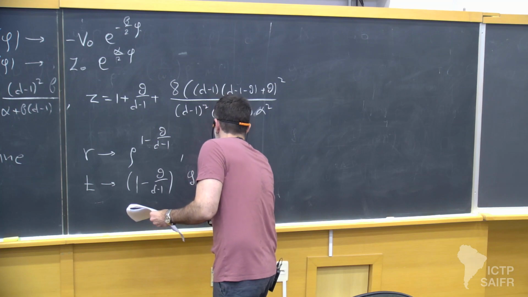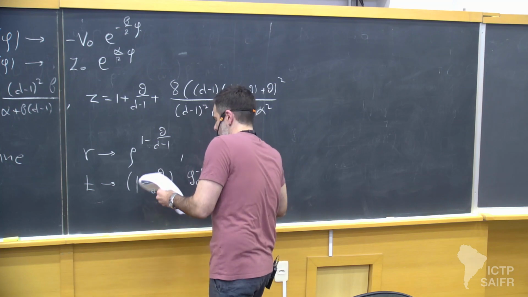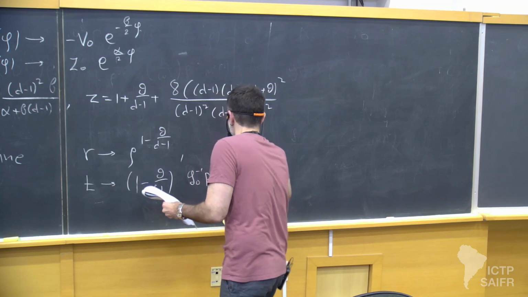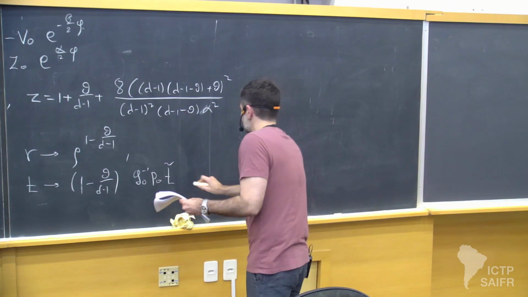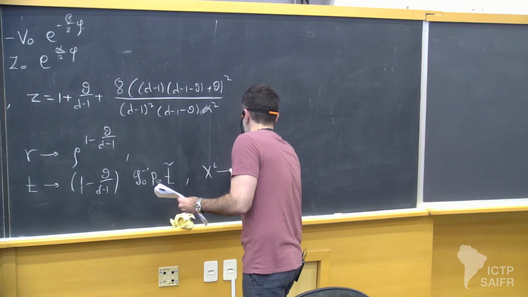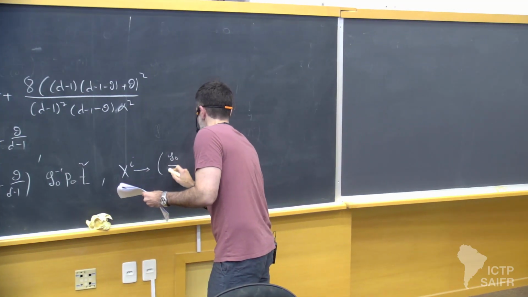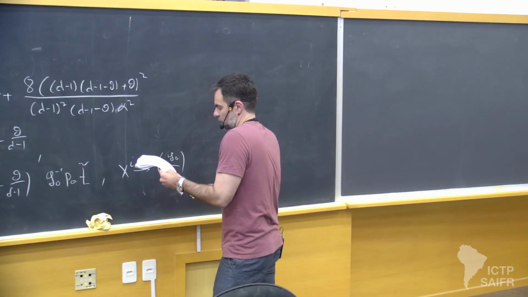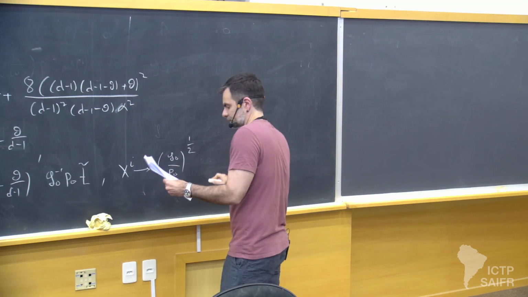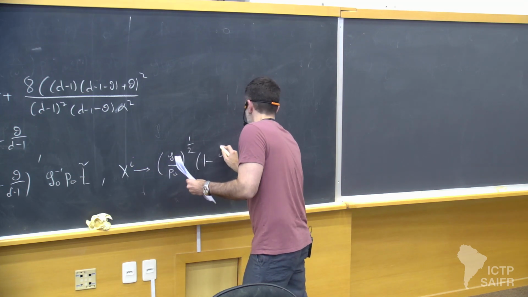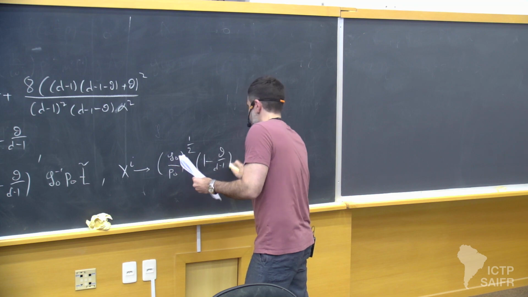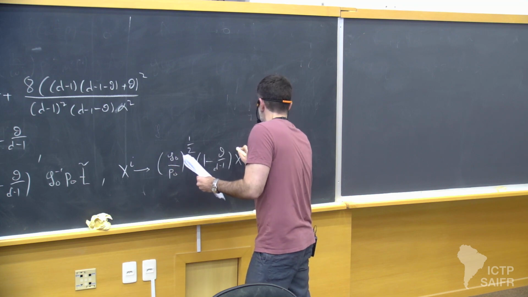So this G naught and P naught will appear shortly. And I'm also going to scale the x coordinates like this, G naught over P naught to some power 1 over z, times 1 minus theta over d minus 1 times xi tilde.